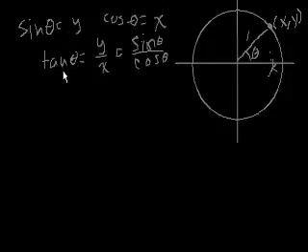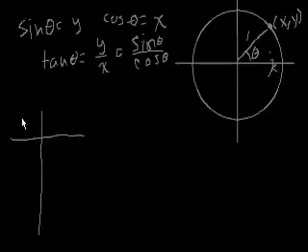I guess a good place to start is just with the sine function, and we can try to graph it. So let's do a little table like we always do when we define a function. Let's put in values of theta, and let's figure out what sine of theta is. So when theta is equal to 0 radians, what is sine of theta?